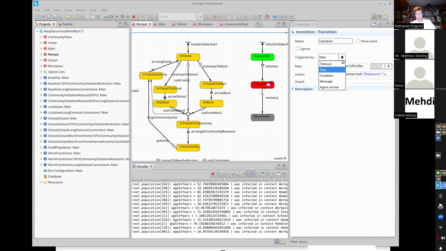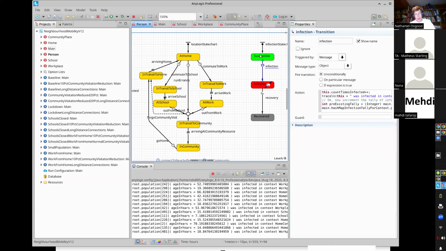We could do it at a timeout with some additional mechanism and have it do periodic. In any case, this is the one sending it, the person infected. They tell others, hey, you're exposed. Send to a random person, in this case, who's connected with them in a network. If that person happens to be susceptible, they can get infected.